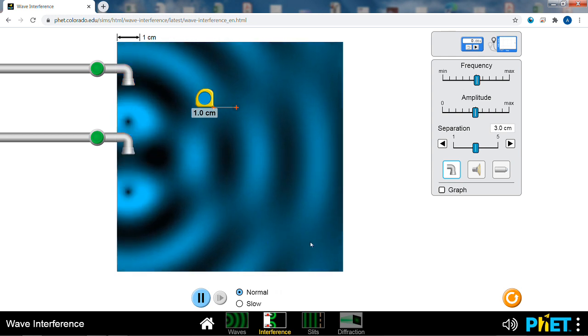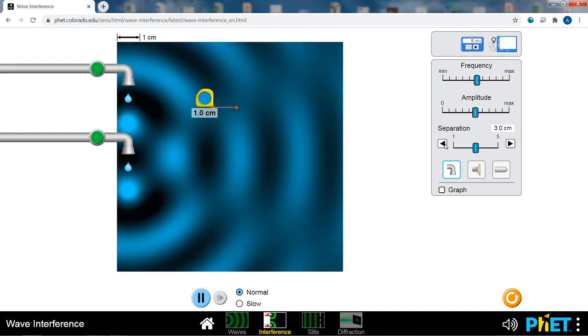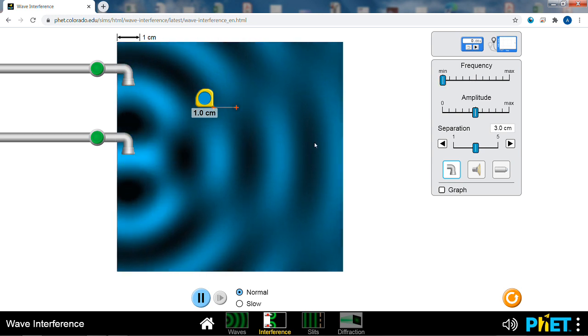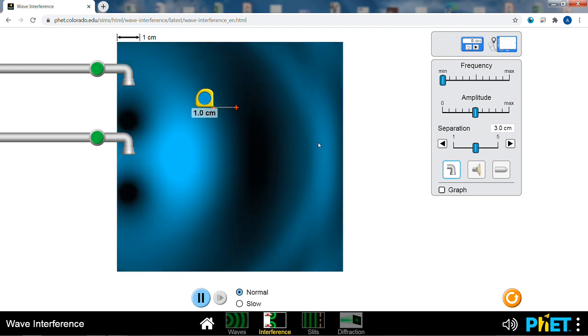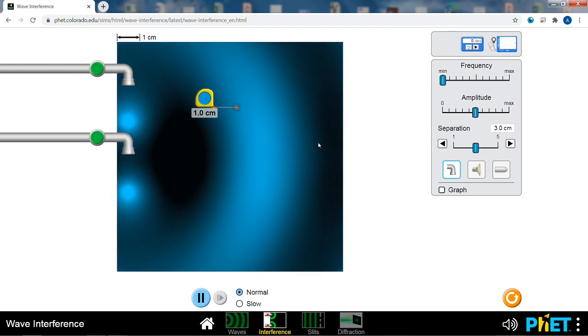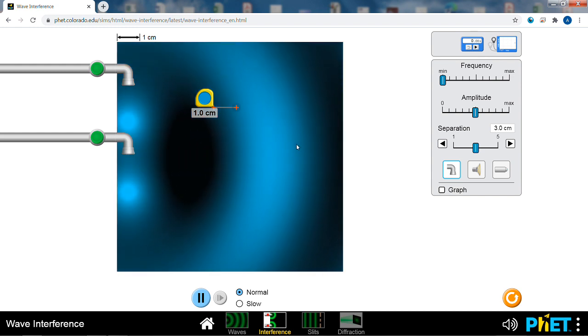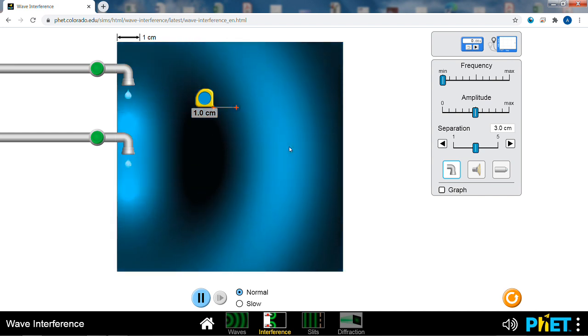So what happens if we start to change the wavelength? Well, first let's increase the wavelength. If we increase the wavelength, in order for the interference to be destructive, you have to travel a larger distance to have a difference in path length.